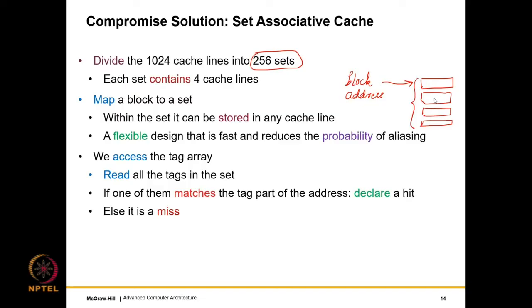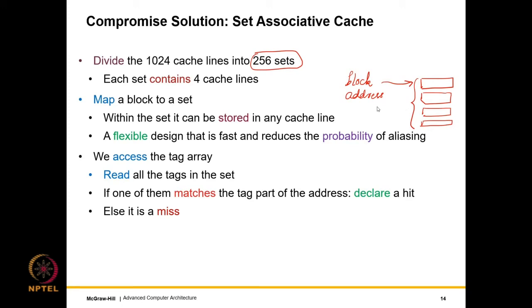Within the set, similar to the fully associative scheme, the block can be stored in any cache line. So I have to do a limited search, it's not a full search. And also I need not use the expensive CAM cell, because the CAM cell demands much more power than the regular SRAM cell that is used in a normal array.